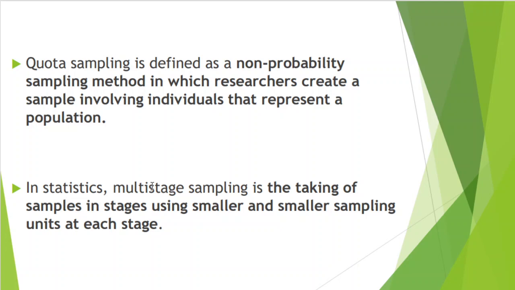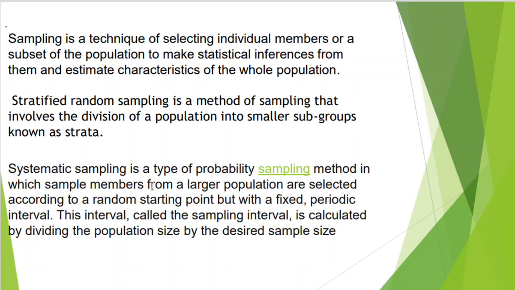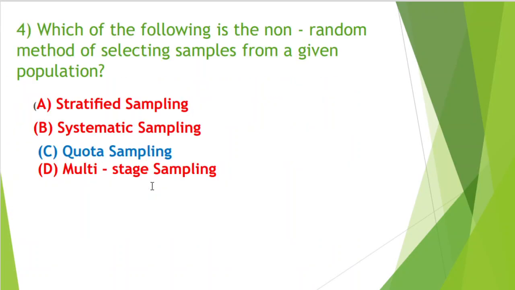That is why the word multi-stage sampling is used, using smaller sampling units at each stage. So the correct answer to which of the following is the non-random method of selecting samples from a given population is quota sampling.